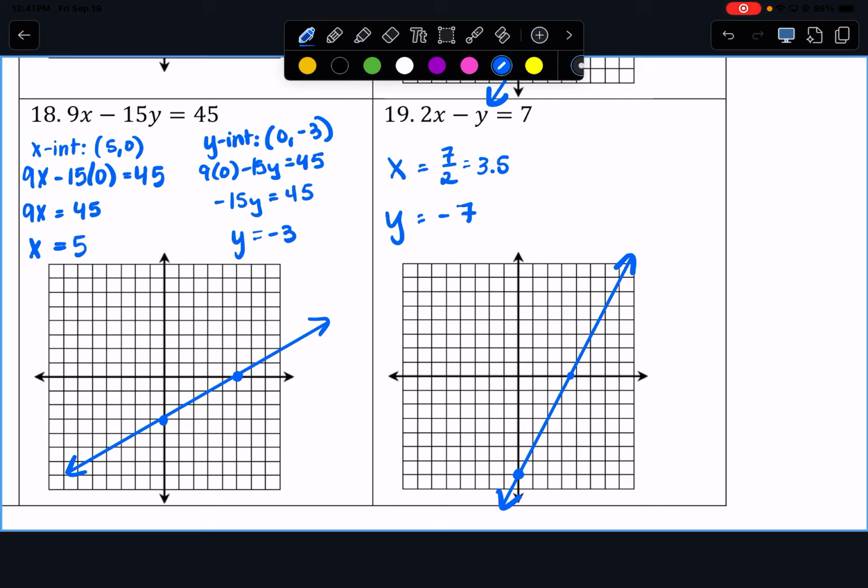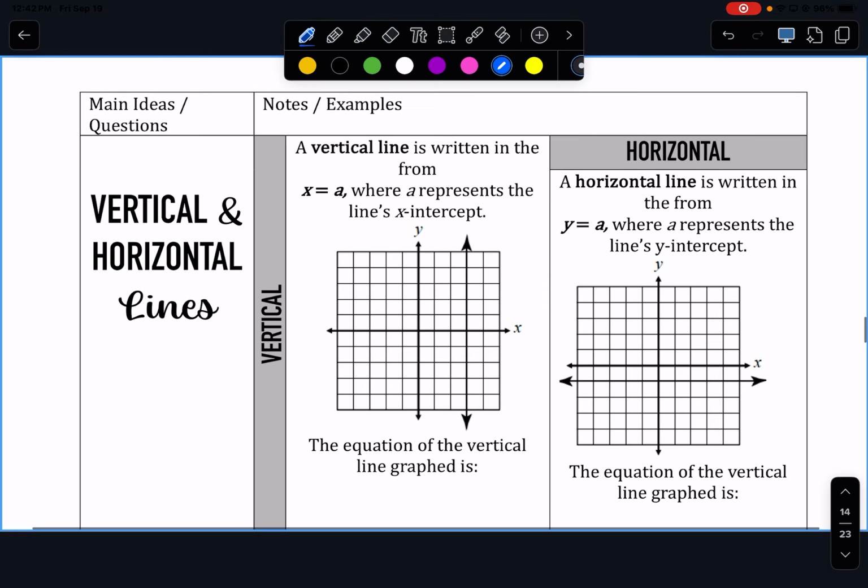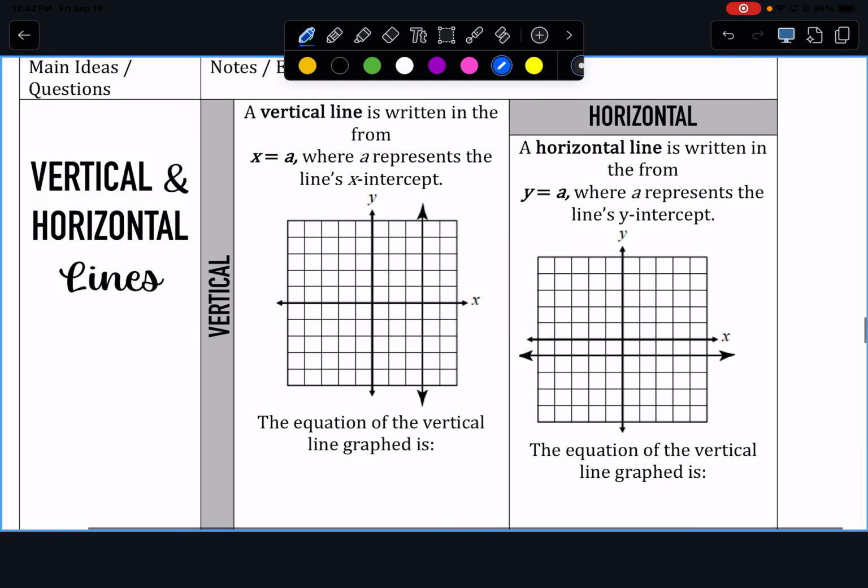All right, then we are going to quickly look at vertical and horizontal lines. The last thing we're talking about today is how to do vertical and horizontal lines. So a vertical line is written in the form of x equals a, where a represents the line's x-intercept.